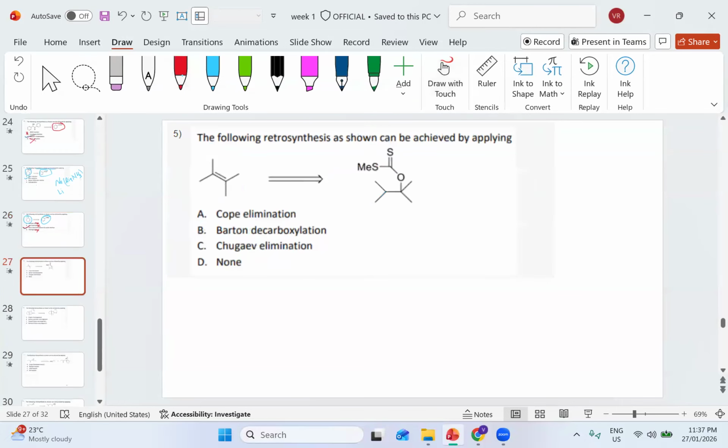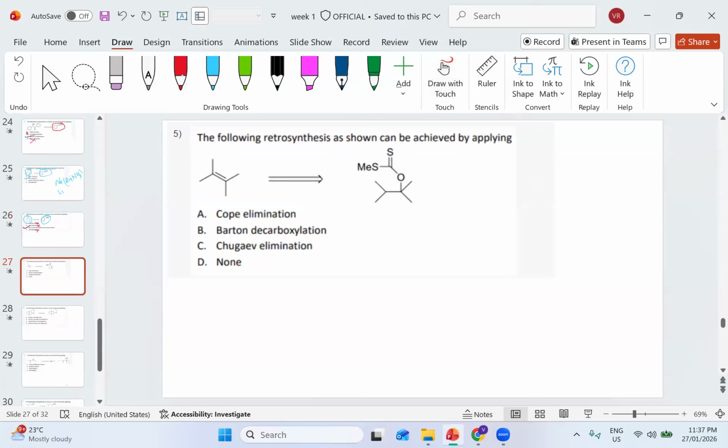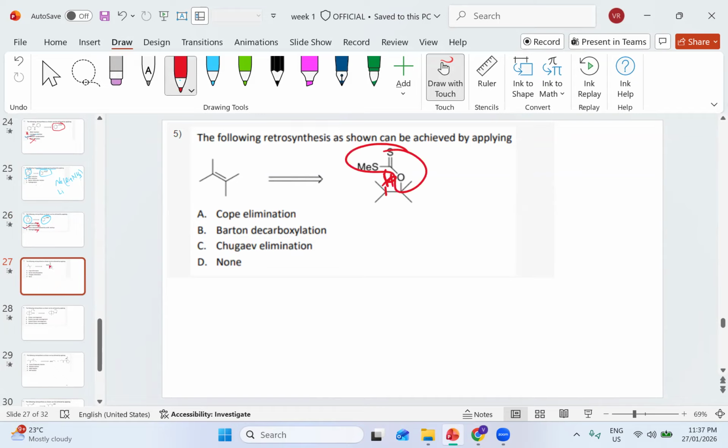The next reaction is basically an elimination reaction. There is this hydrogen and this hydrogen. Obviously for this elimination reaction, it should be the syn side. So this hydrogen and this entire group are eliminated.